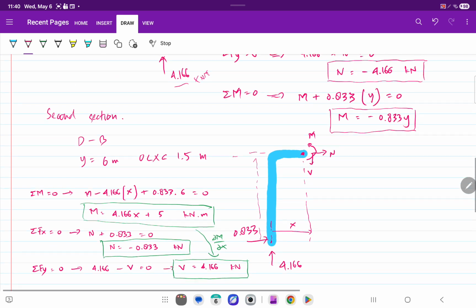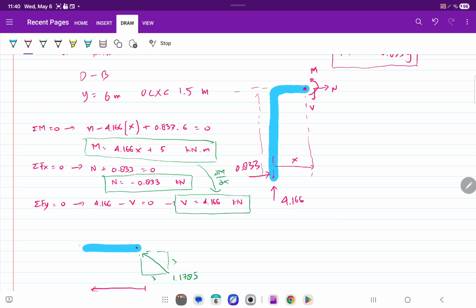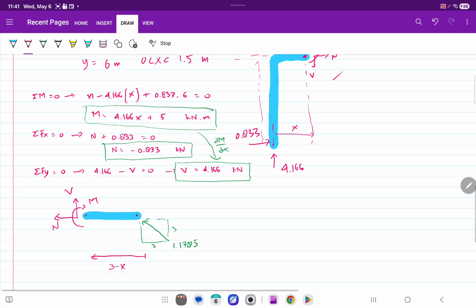And then if it's going downward, this one will be V and M, opposite direction to this one, because action and reaction. Okay, this one will be okay.